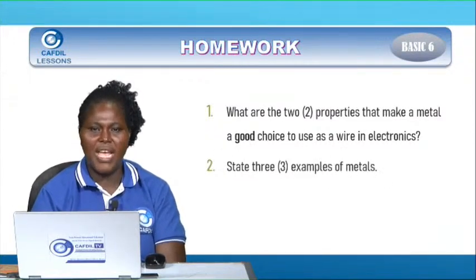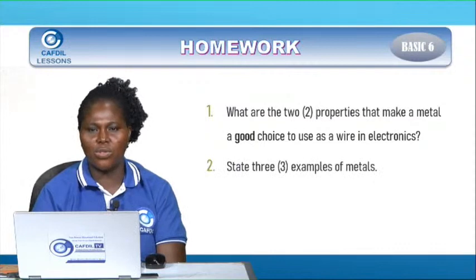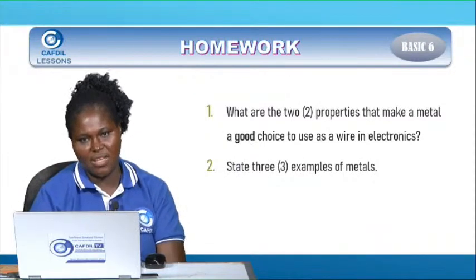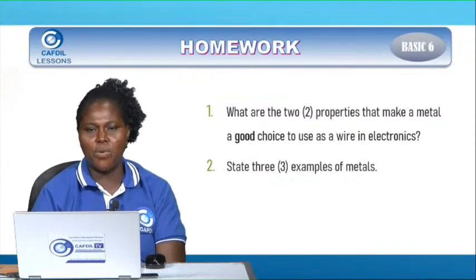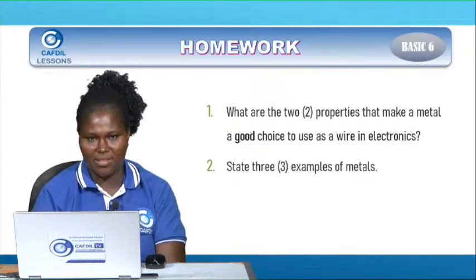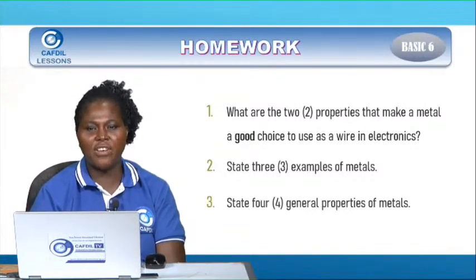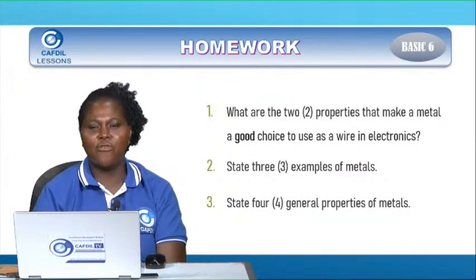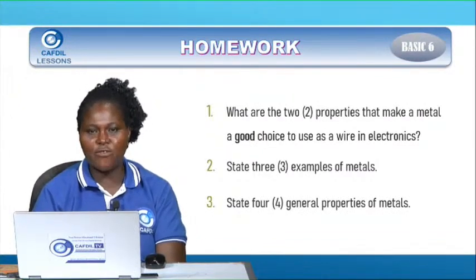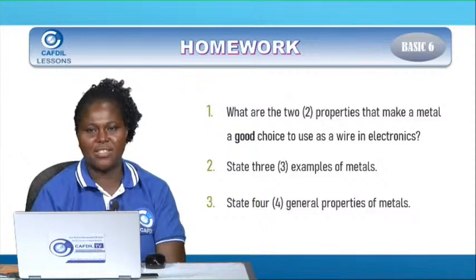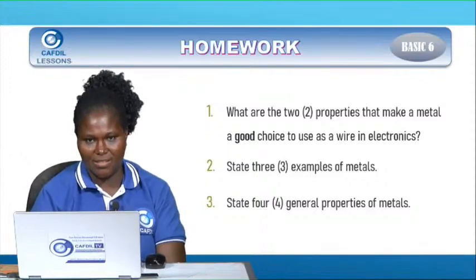Number 2, state 3 examples of metals. Number 3, state 4 general properties of metals.